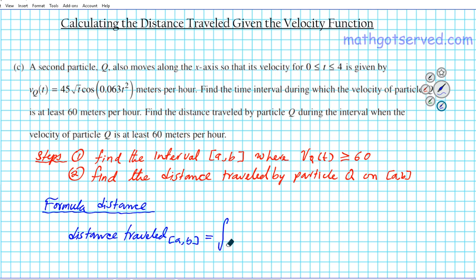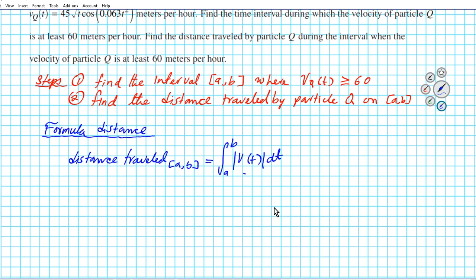So the integral from A to B of V of t dt, what is this? This is the displacement, right? But when we throw in the absolute value, that gives us the distance. So this is what we're going to be using for this particular problem. Okay? Alright. So let's do the first part.